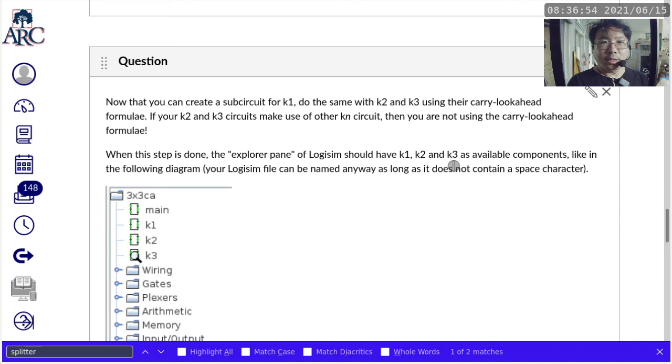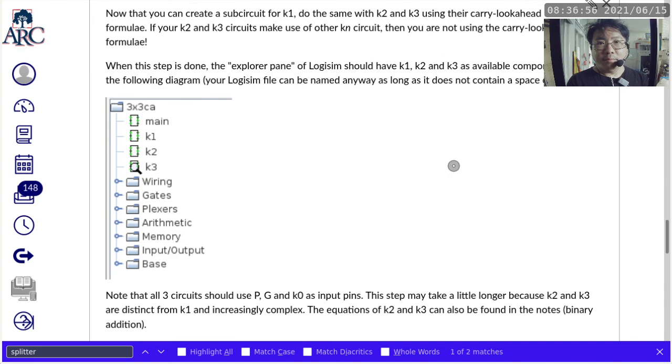So that's a quick go-through of the lab from yesterday. I'm still trying to decide whether to let people work on this again today.